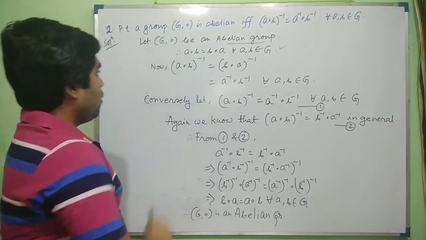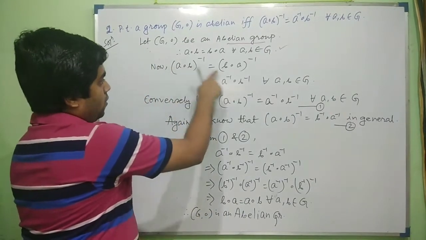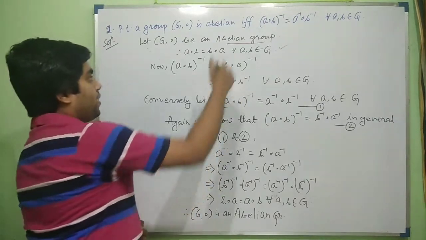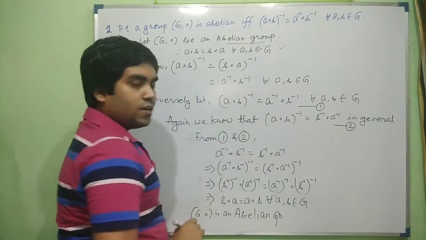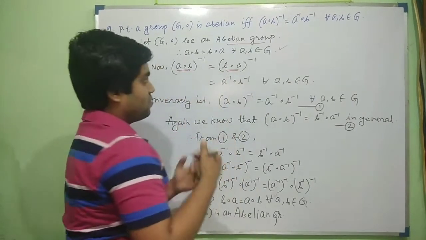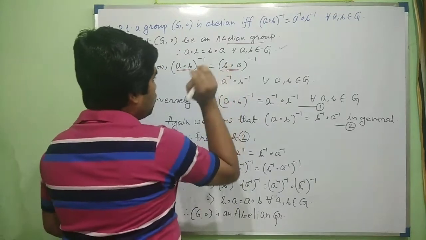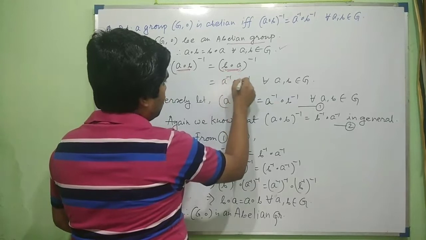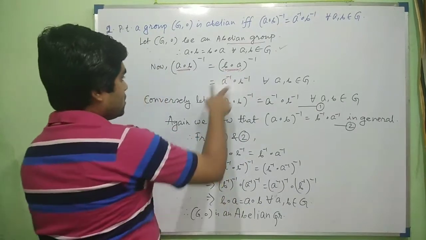For that, A naught B inverse equal to B naught A inverse. How is this possible? Because G naught is a commutative group and A naught B equal to B naught A. We have substituted that value, and we know that B naught A whole inverse means A inverse naught B inverse. So this is the proof.